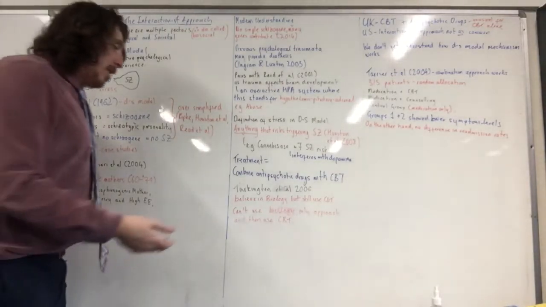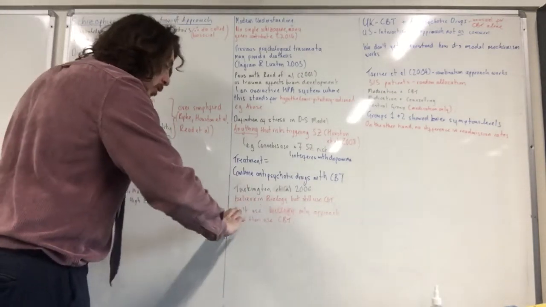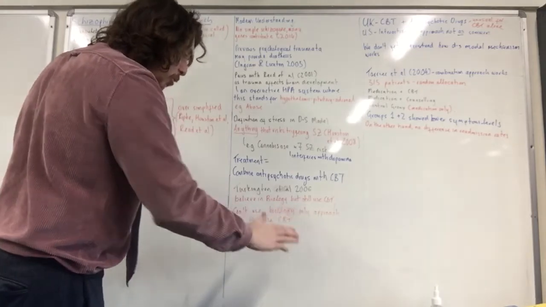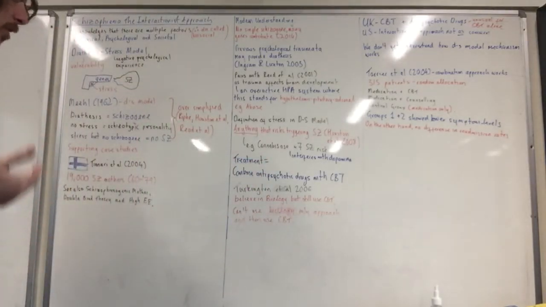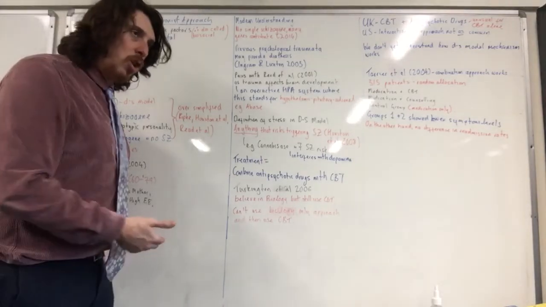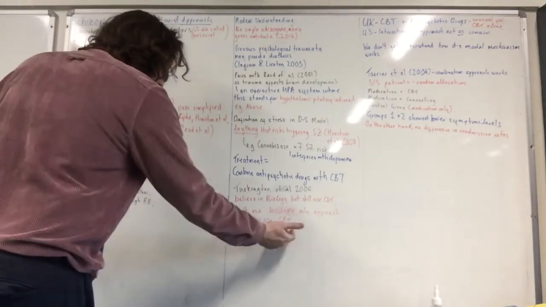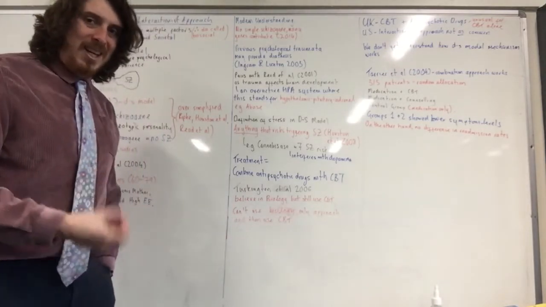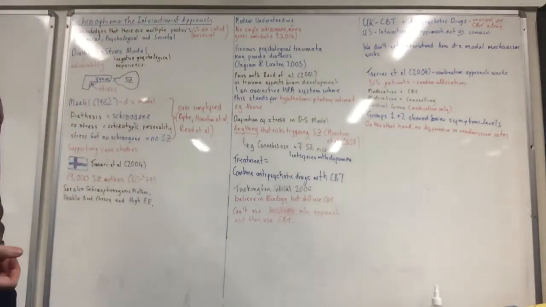Now, in terms of Turkington, it's possible to acknowledge that we use the biological approach, but still use CBT. However, you can't use the biology-only approach by saying, do you know what, it's got nothing to do with psychology, tell the patient this and then use CBT. The person has to believe that there is a psychological benefit to using CBT.